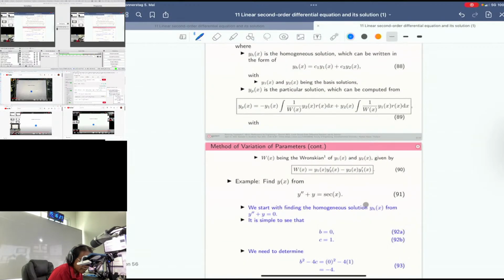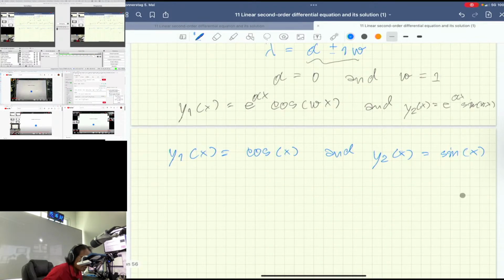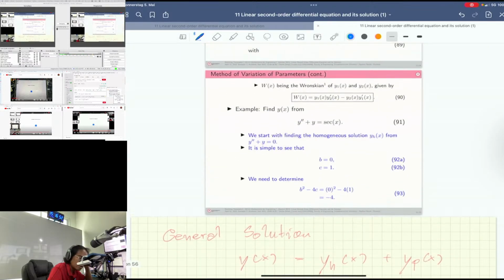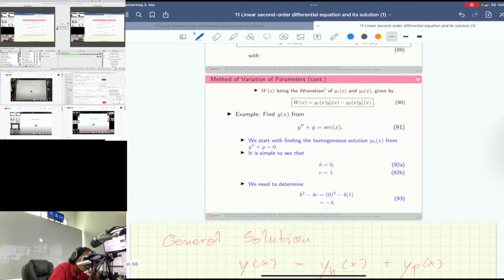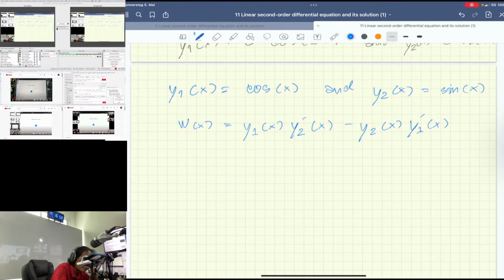The Wronskian W(x) is y1(x) times y2'(x) minus y2(x) times y1'(x). Yeah, if I can remember properly. Okay, this is the Wronskian.